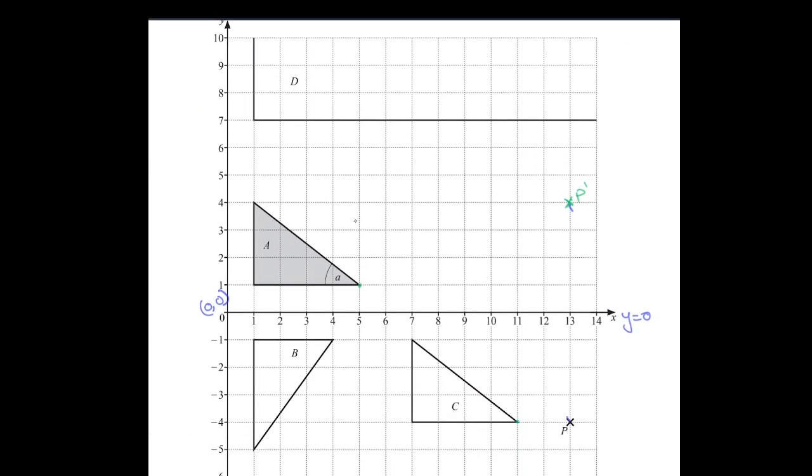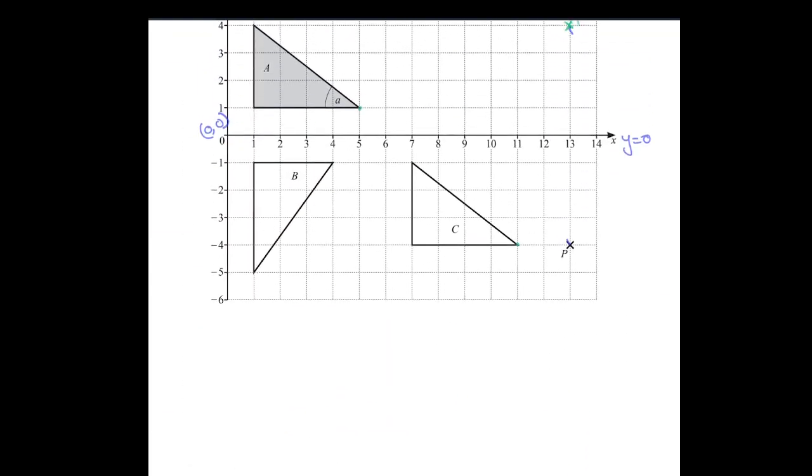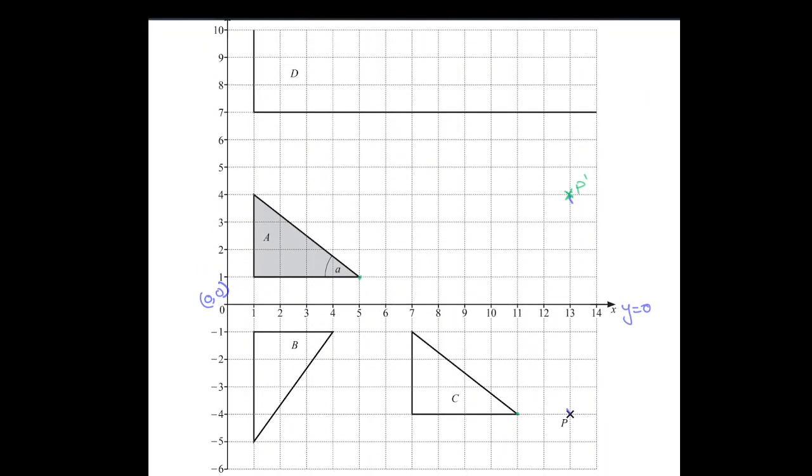For the scale factor, we need to check how far it is from the center. The center of enlargement is given here as 1, 0. So 1, 0 is this point. From here it is to be counted.